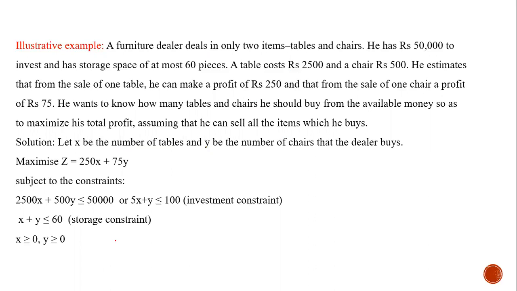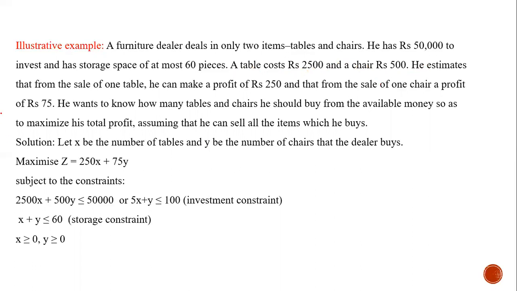Here is a problem. A furniture dealer deals only with two items, tables and chairs. He has rupees 50,000 to invest and has storage space of at most 60 pieces. A table costs rupees 2,500 and a chair costs rupees 500.